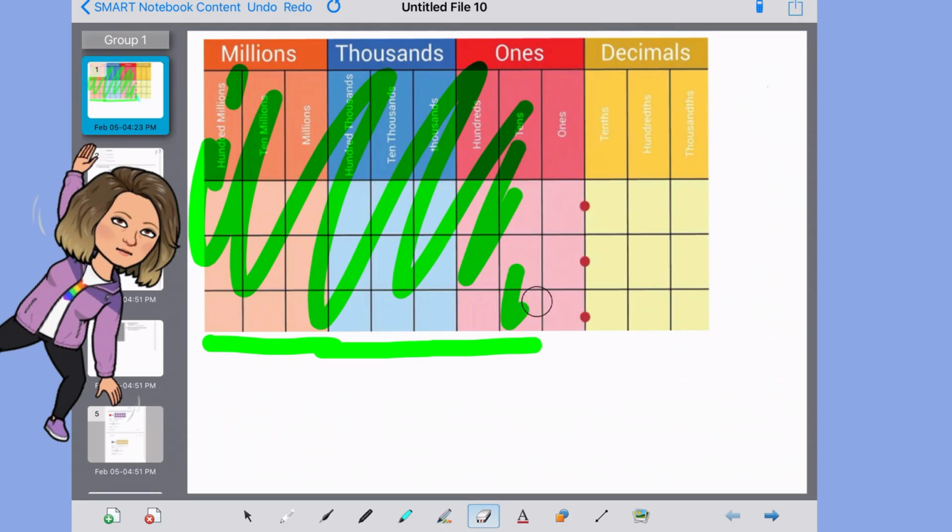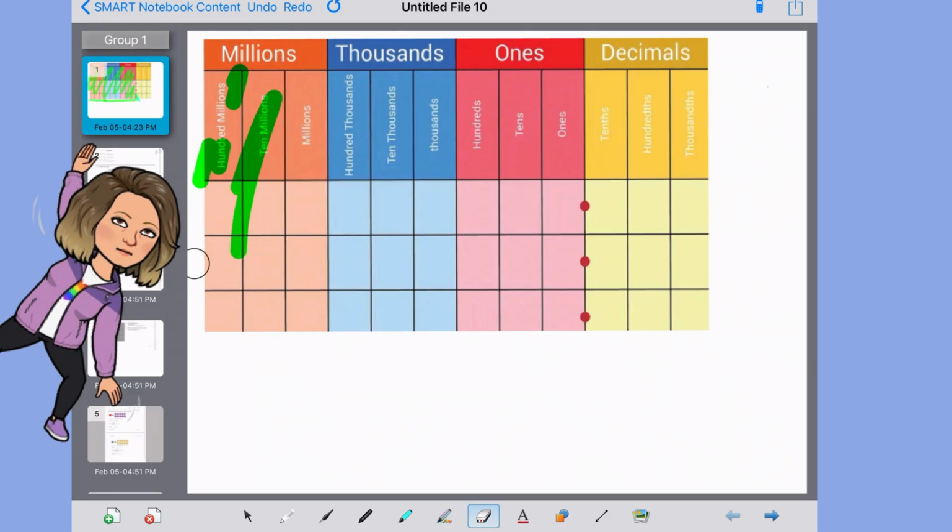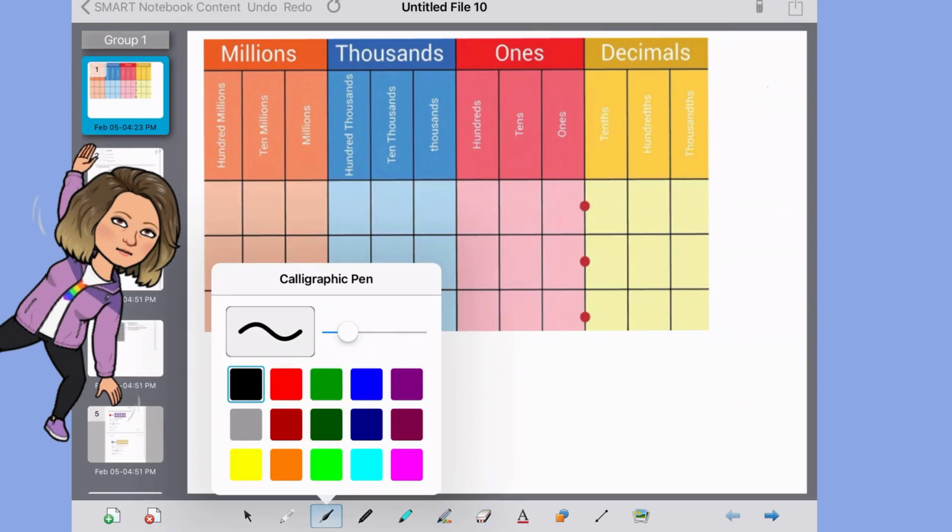Now, I also want to talk about what happens to these numbers. We've talked about place value and how 20 is 10 times more than 2, or 450 is 10 times more than 45. So I want to talk about what happens when these numbers have decimals in them.